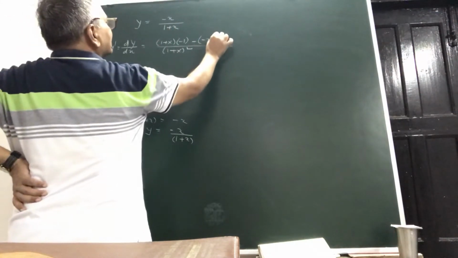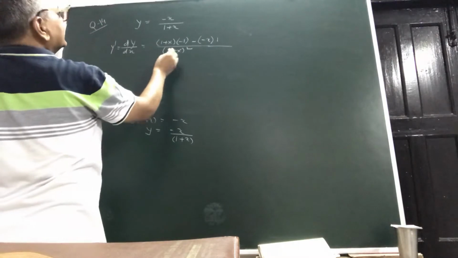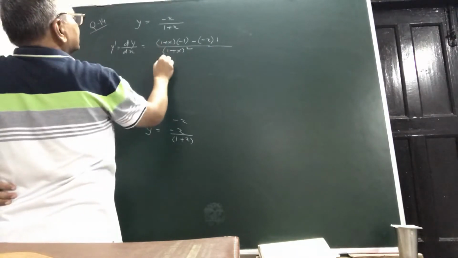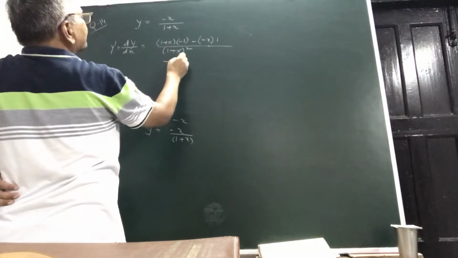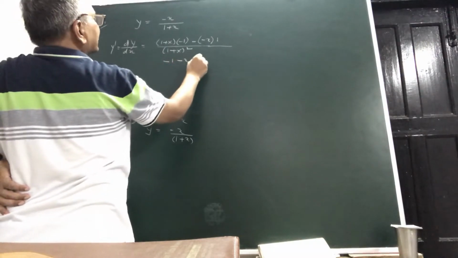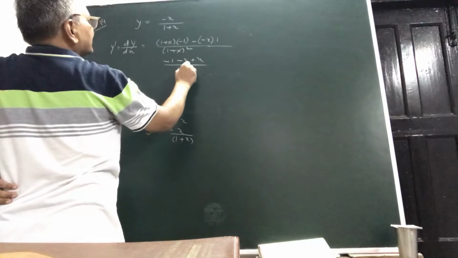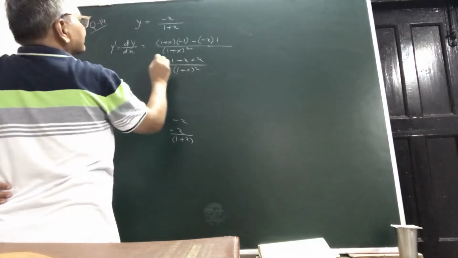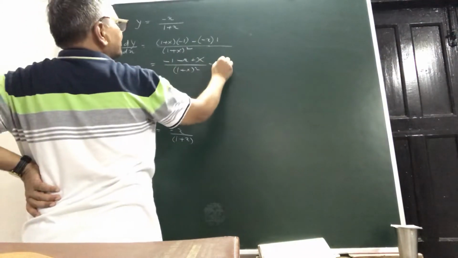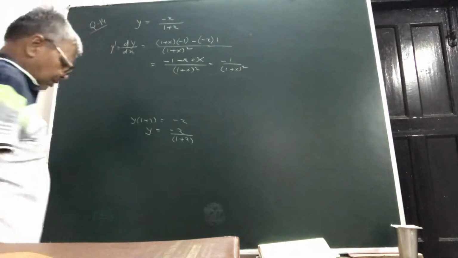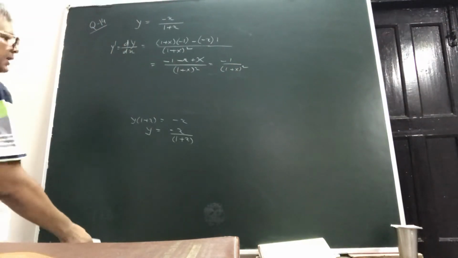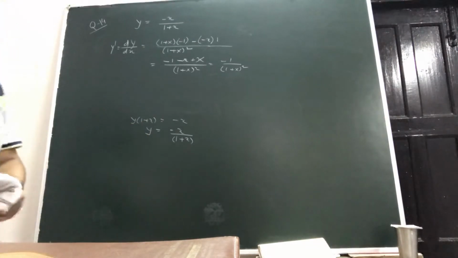So what you will get is minus 1 minus x plus x upon 1 plus x whole square. This x will cancel and you will get minus 1 upon 1 plus x whole square. So this is how you find the derivative. This is what you really wanted to show.